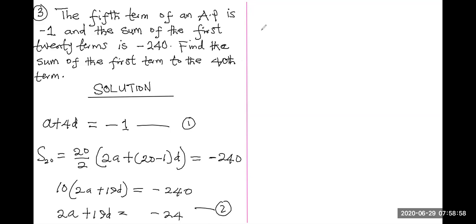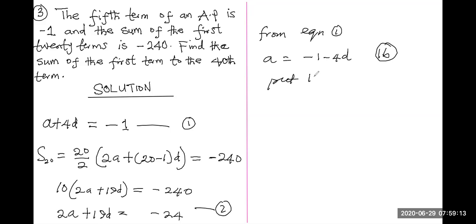Now from equation 1, a = -1 - 4d. This gives us equation 1b, which is equation 1 modified. So put 1b into equation 2.